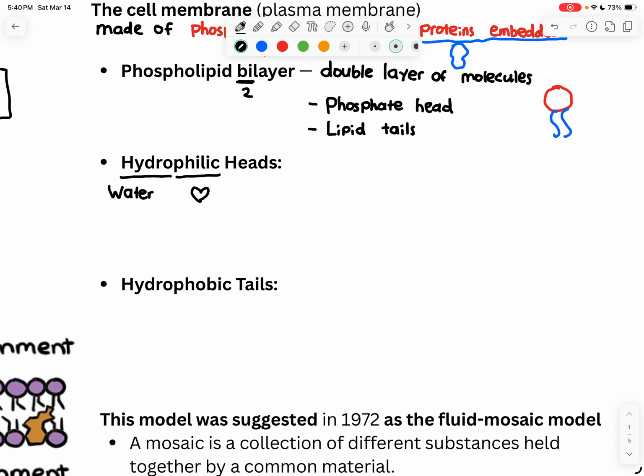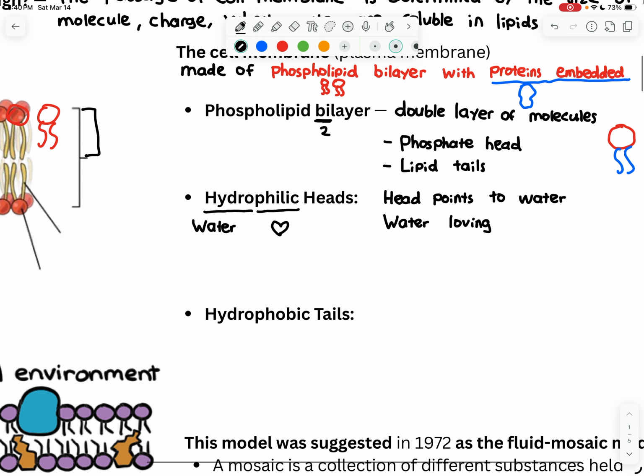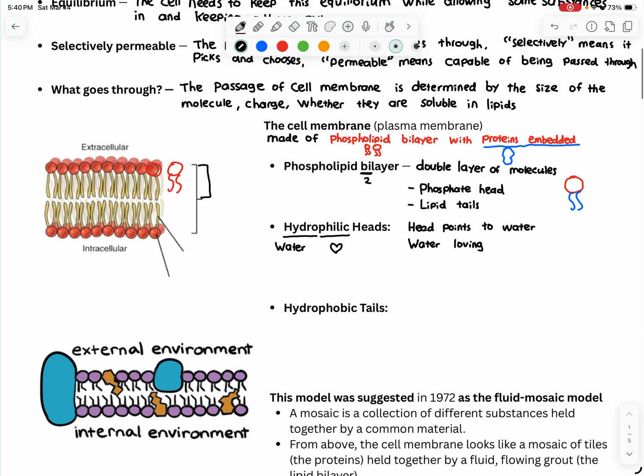So really what they're saying is the head points to water, and I'll just say water loving. Okay, so if we go back over here, it means that extracellular, these are all water and these are all water. The head part always wants to stay where the water is, okay?